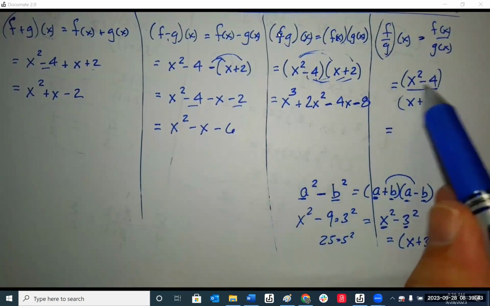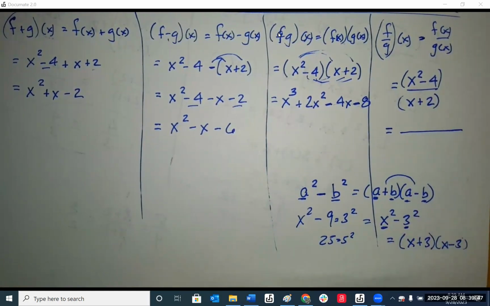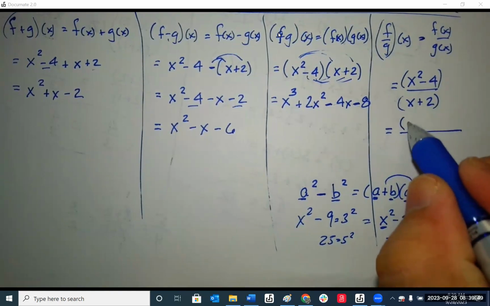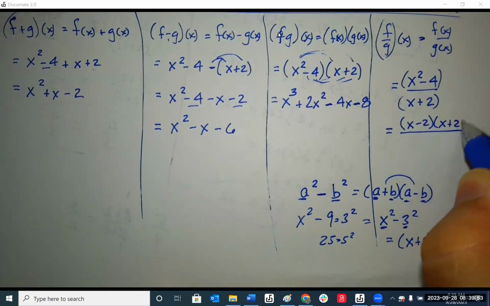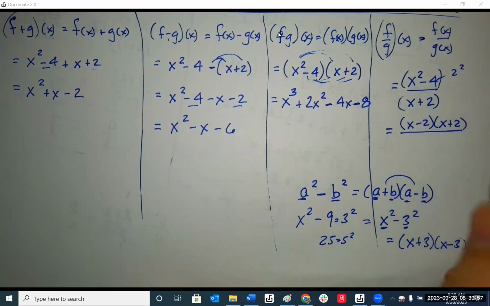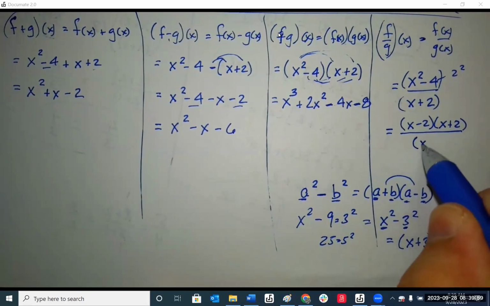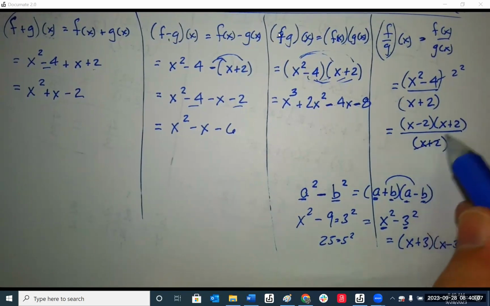So what would ours be on top? Very good. Because 4 is made up of 2 squared. And on the bottom, we have x plus 2. Now can anything cancel? The x plus 2's.